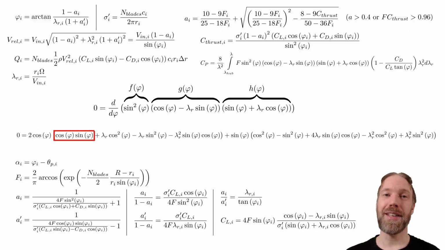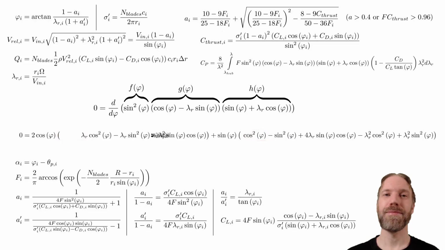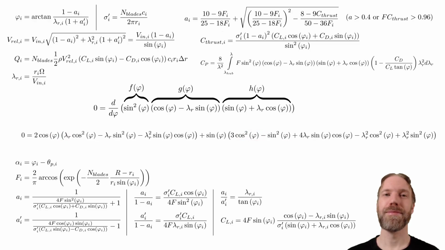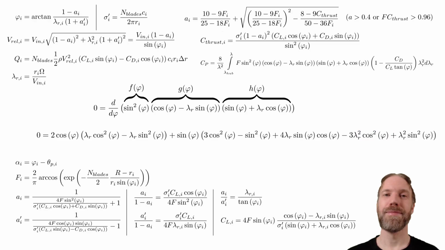If we look closely, we see that these two are in the same form and can be combined. These two can also be combined. And finally, these can be combined as well.